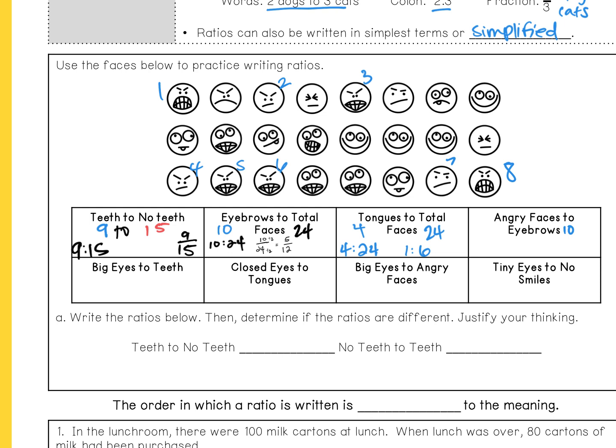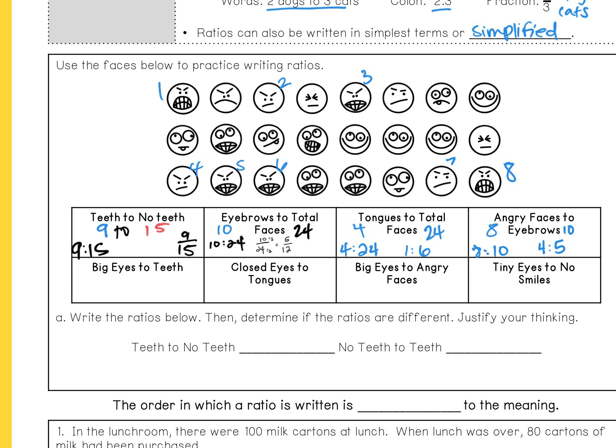So my ratio for angry faces to eyebrows is 8 to 10. When I simplify that, 8 and 10 are both even numbers, so I can divide both of those by 2. 8 divided by 2 is 4, and 10 divided by 2 is 5. So 4 to 5 of these faces are angry faces to eyebrows.